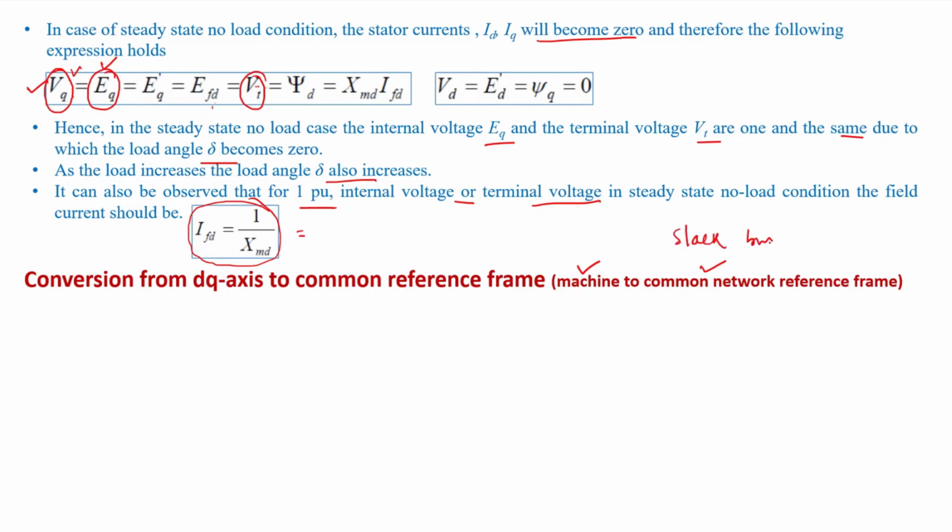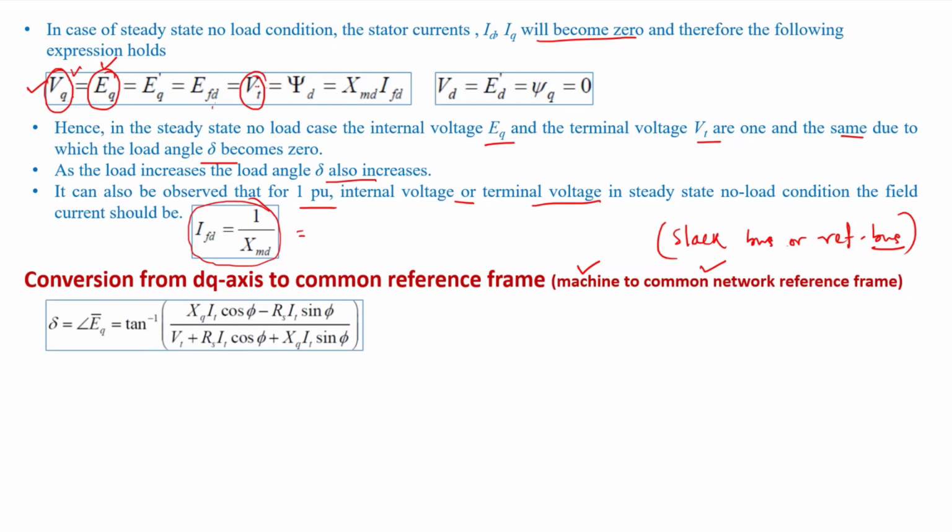You must have studied slack bus, reference bus, when we studied load flow in our power system course. All the BTech students have studied it and others also know. So with respect to this slack bus or the reference bus, we'll make the common network reference frame and transform each of these parameters to the common reference frame. So that is the conversion from DQ axis to common reference frame.